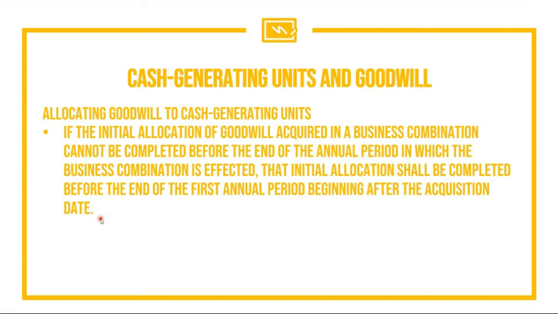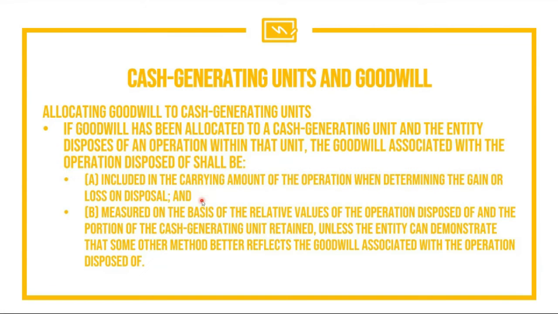Because of course, it is a matter of determining the allocated amount of the goodwill. So if the allocated goodwill was not yet completed prior to the annual period, we use first the most recent information about that goodwill.